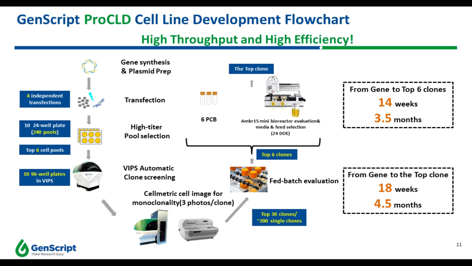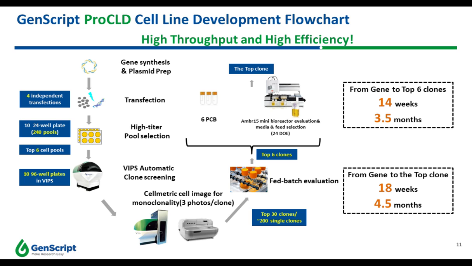Okay, and then from there you pick the top 30 clones out of 200 single clones, and then you go into fed batch evaluation, select top clones, and then you go into the Ambr mini bioreactor to evaluate the titer and quality. Okay, and it produces 6 top clones.